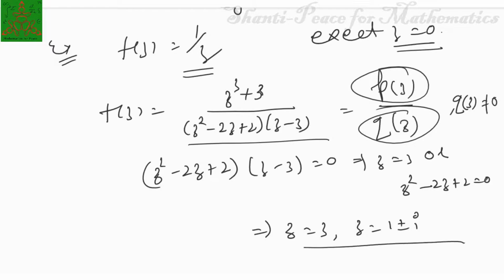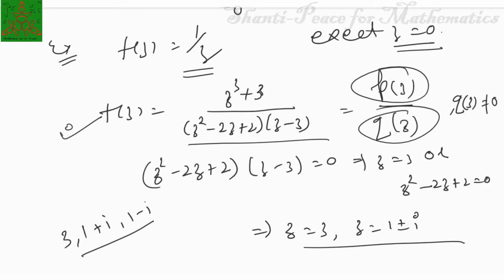Therefore the singularities of this function are 3, 1 plus i and 1 minus i. A singular point is a point where the function fails to be analytic, but it is analytic in every neighborhood of that point for some points.